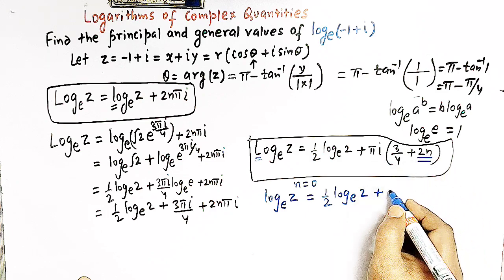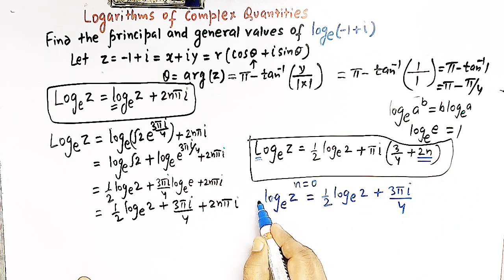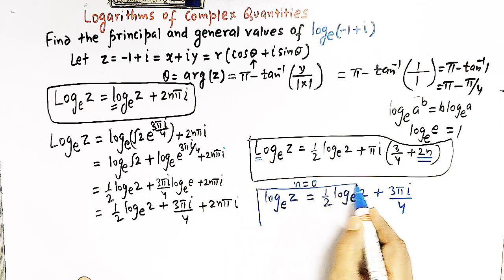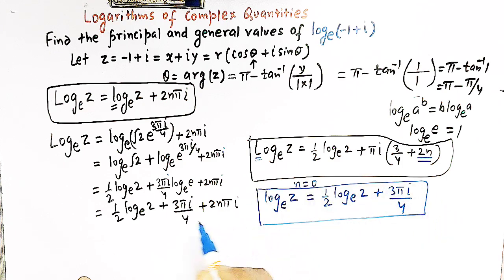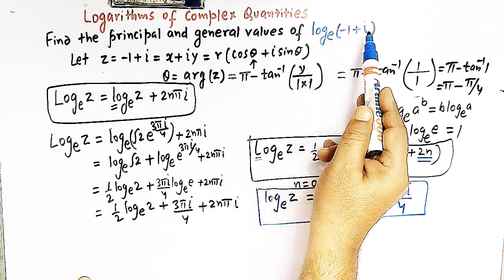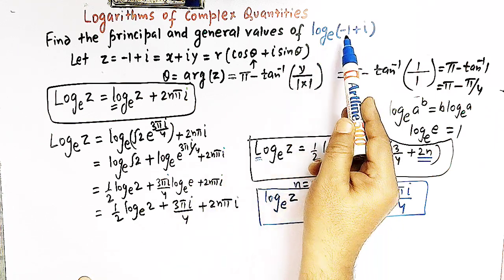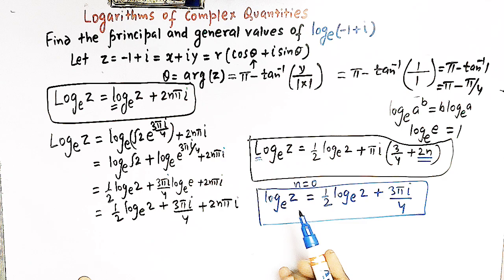So we have 3 pi I over 4, right? So this expression gives us the principal value of log of minus 1 plus I to the base e, and the earlier expression gives us the general value of log of minus 1 plus I, right?